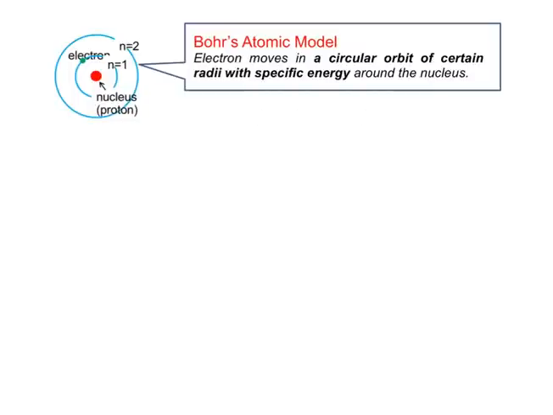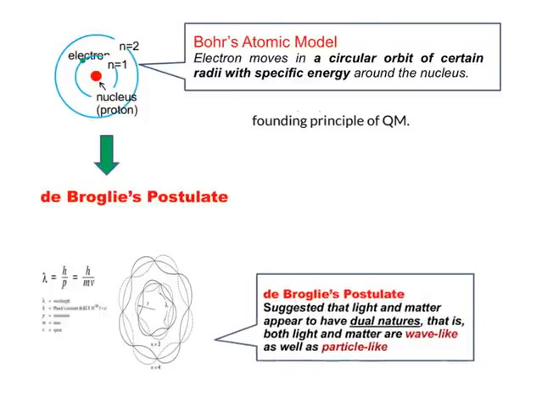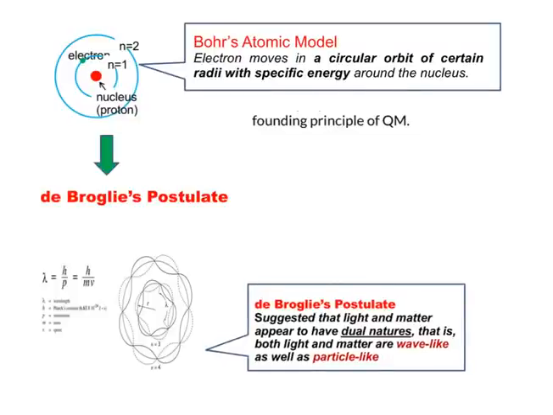Though quantized properties were invented as a mere mathematical trick, they explain so much that they became the founding principle of quantum mechanics. In 1924, de Broglie used the equation of Einstein's theory of special relativity to show that particles can exhibit wave-like characteristics, and that waves can exhibit particle-like characteristics.